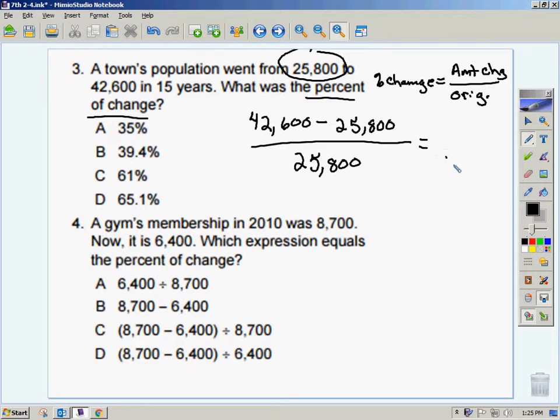When I work this out, 42,600 minus 25,800 is 16,800. And I'm still dividing that by 25,800.